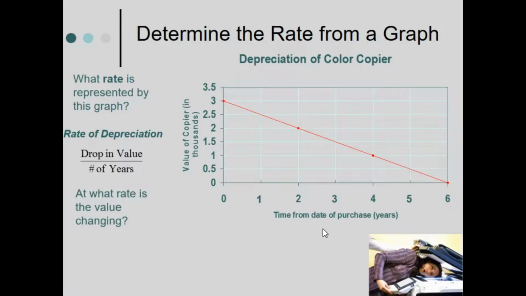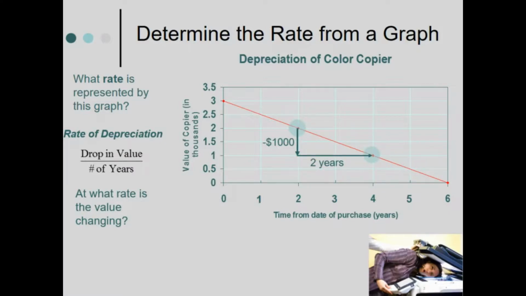It's asking us further, at what rate is the value changing? So let's pick two convenient values and see what happens between those two. Well, we have a drop. To get from this 1 point, we're dropping $1,000 over the course of 2 years.